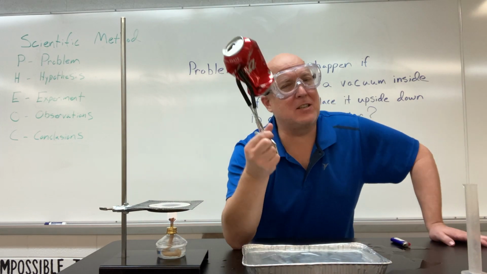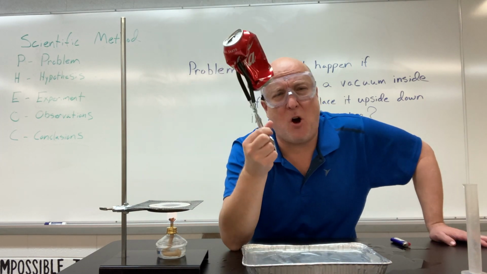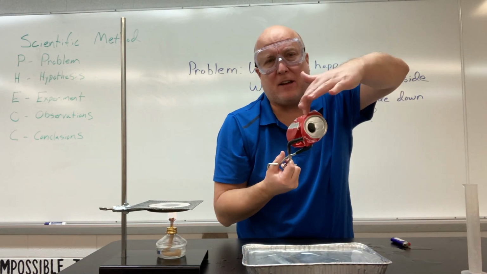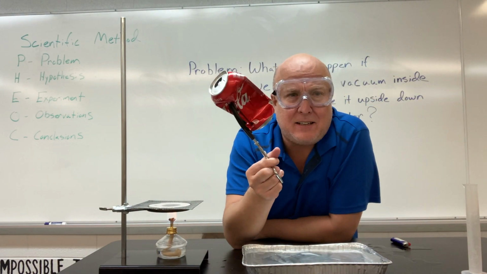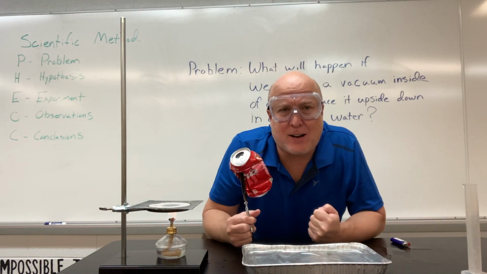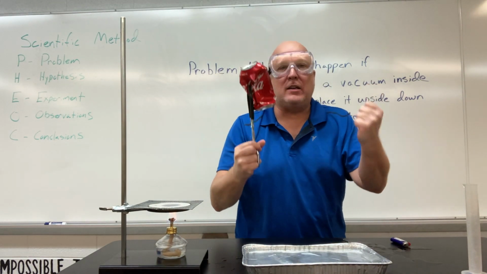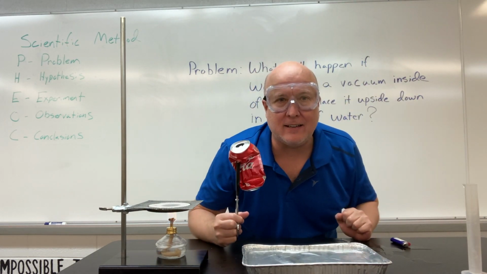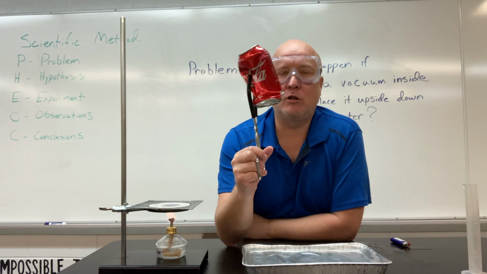It couldn't push back because there were no atoms, no air, no water, or at very minimal, down here on the bottom there was some water. That's it. It didn't have anything to push back with, so the atmospheric air pushed the can and it crushed.